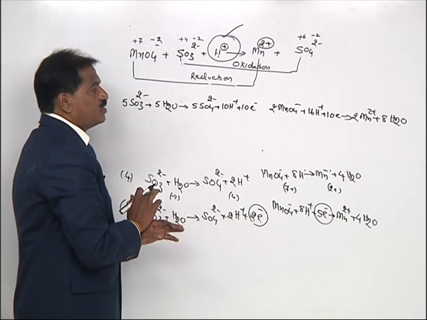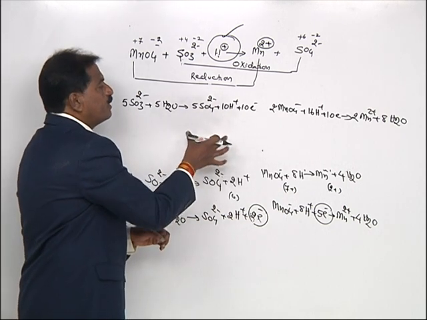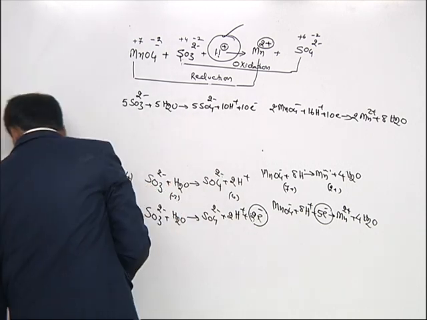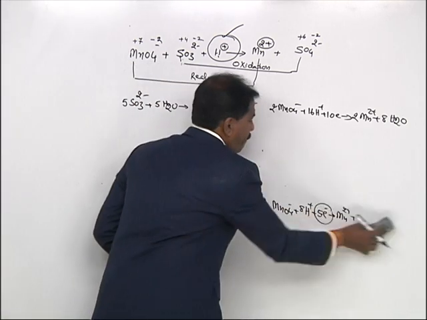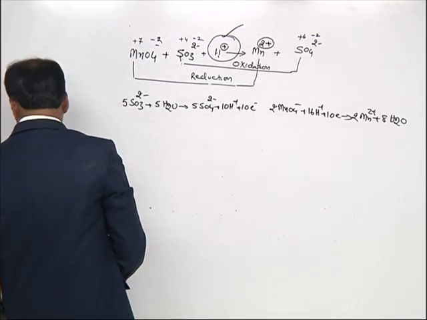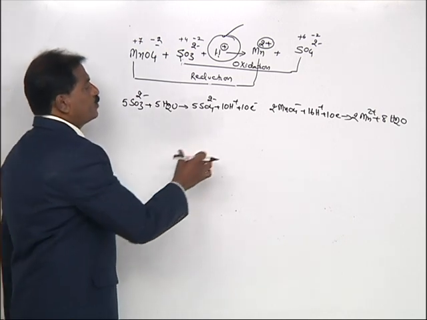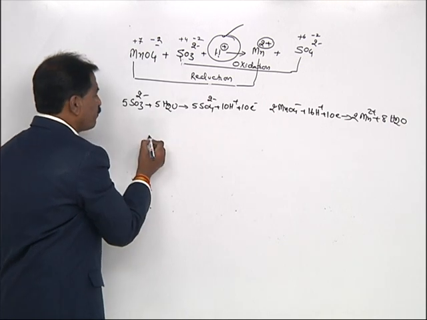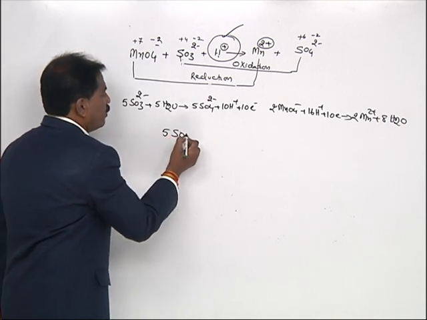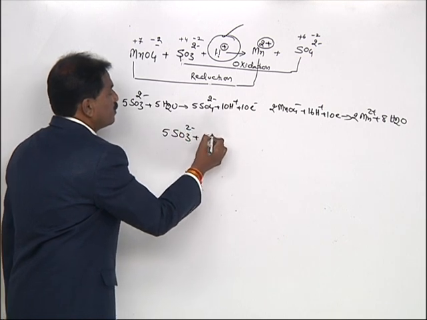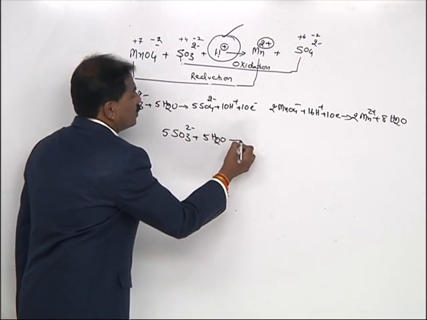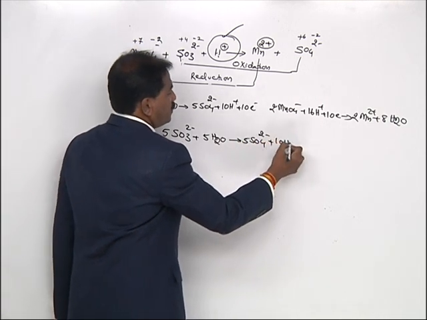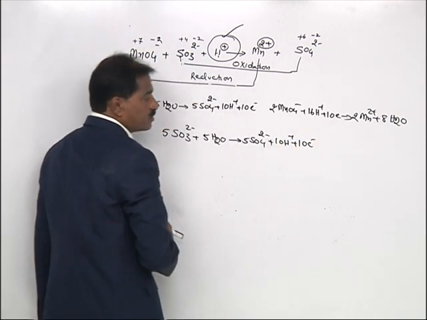After equalization, the 2 independent reactions again have to be added together and we have to derive the net reaction. For that, to derive the net reaction, now just represent the 2 reactions one below the other. 5SO3 2- plus 5H2O gives 5SO4 2- plus 10H+ plus 10 electrons.